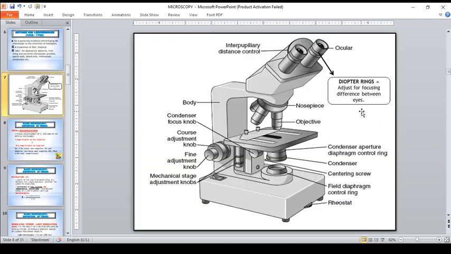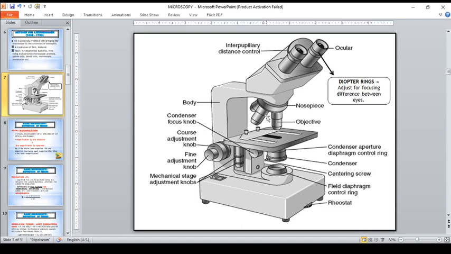We have there your eyepiece, and the magnification of the eyepiece is 10. Good. The total magnification is you multiply the magnification of the eyepiece and the magnification of the objective.